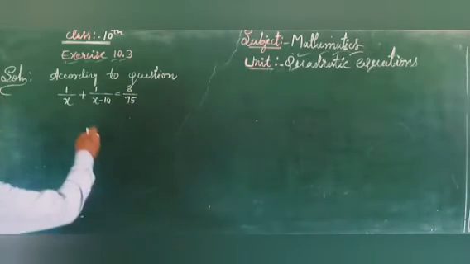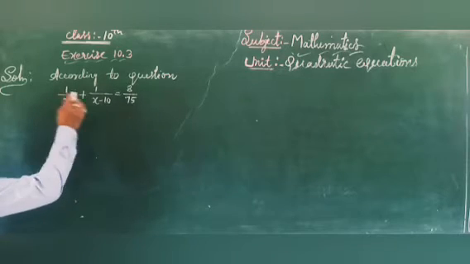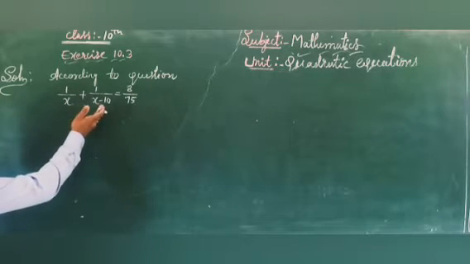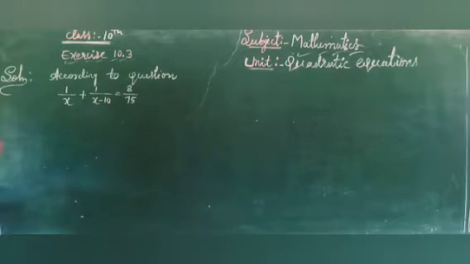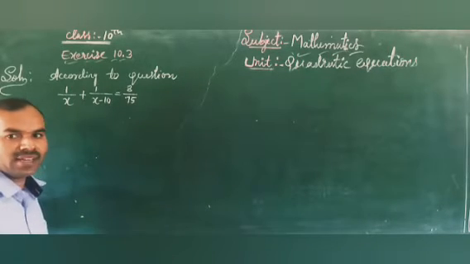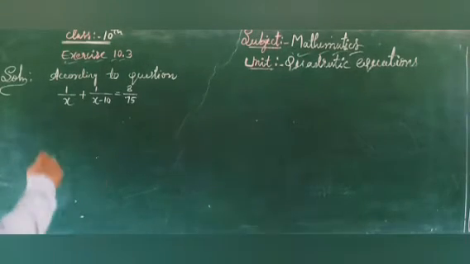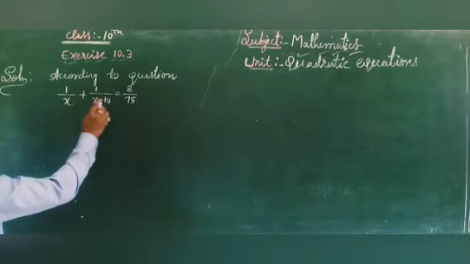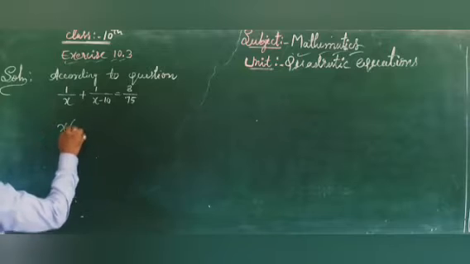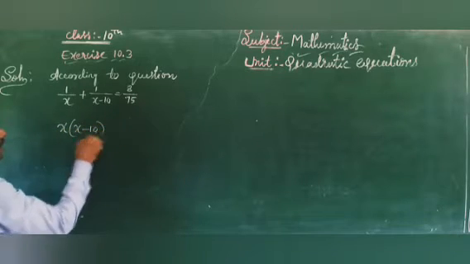Now simplify the LHS first by taking the LCM. The LCM of x and x minus 10 is x into x minus 10.